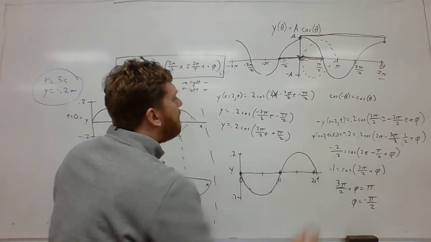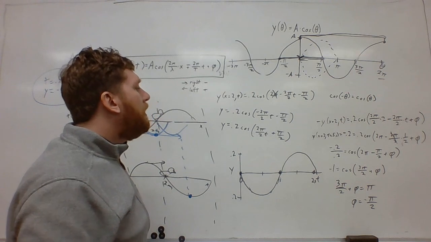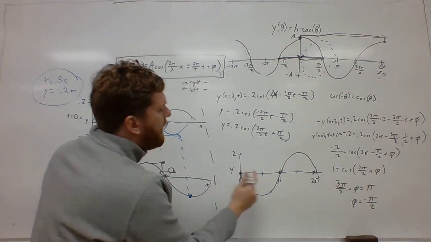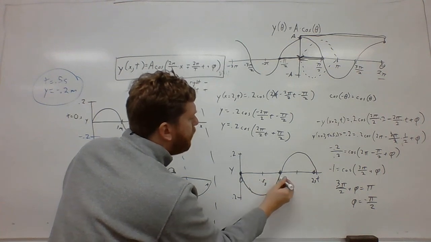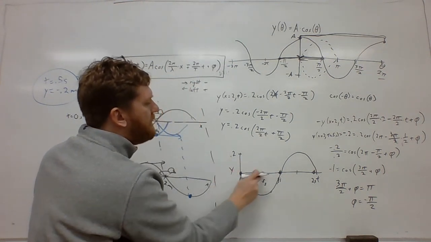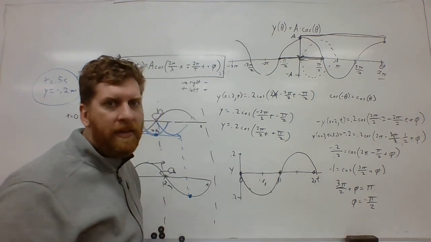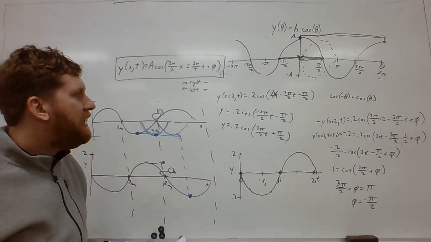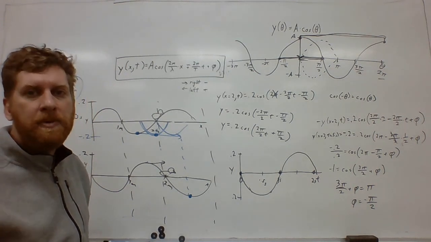And that's what our graph looks like right here. The other thing you could do is plug it in point by point. Plug in 0 seconds, 0.5 seconds, 1 second. Plug these values into t and solve for y at each of these positions, and you'll get a graph that looks like that. Okay, I hope that gives you some good examples to look over.